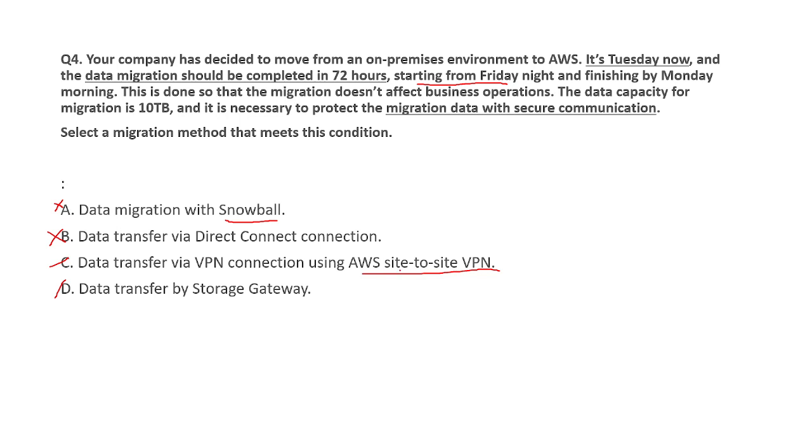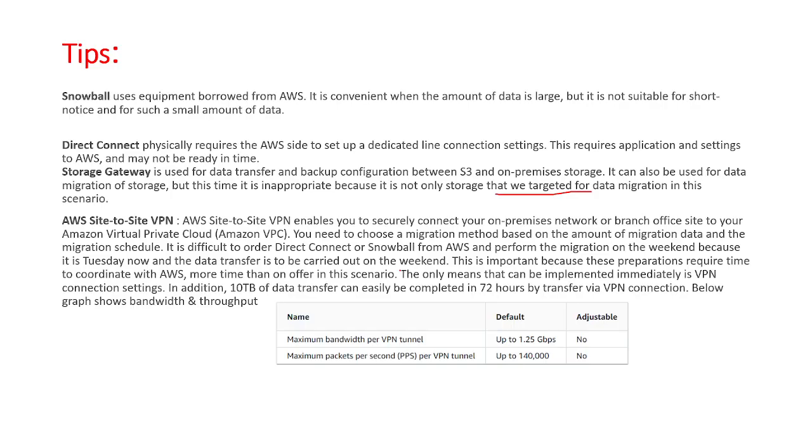AWS site-to-site VPN uses the IPsec protocol and it uses tunneling to secure the data, and the bandwidth and throughput are also good.